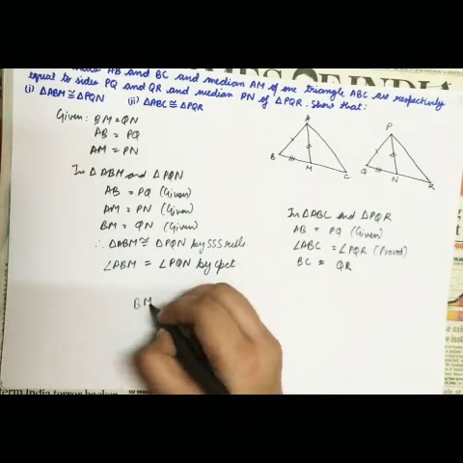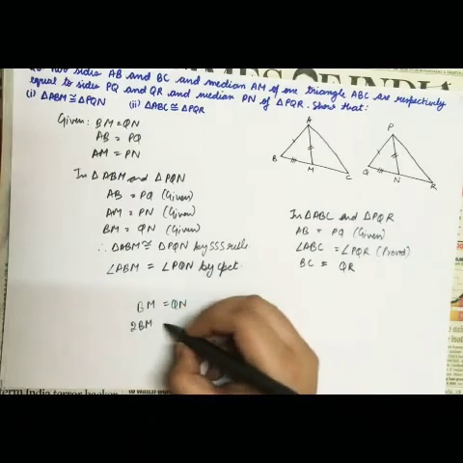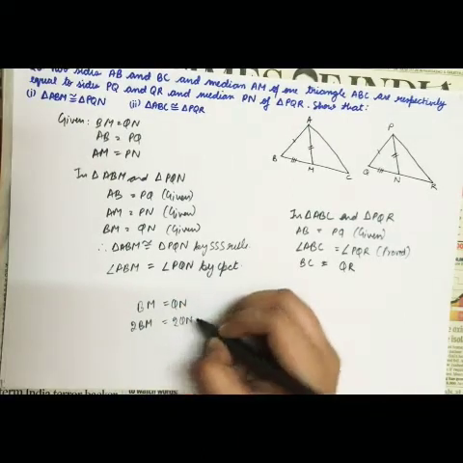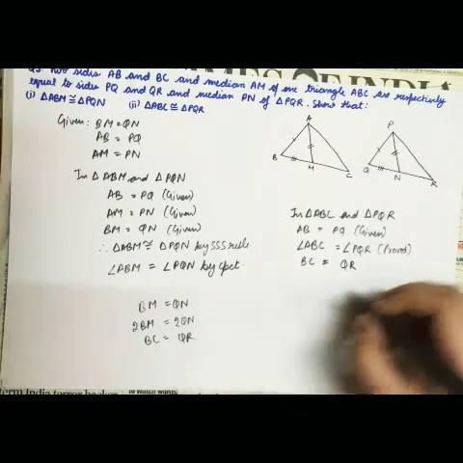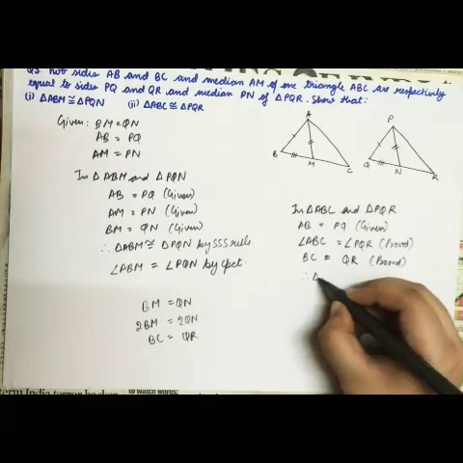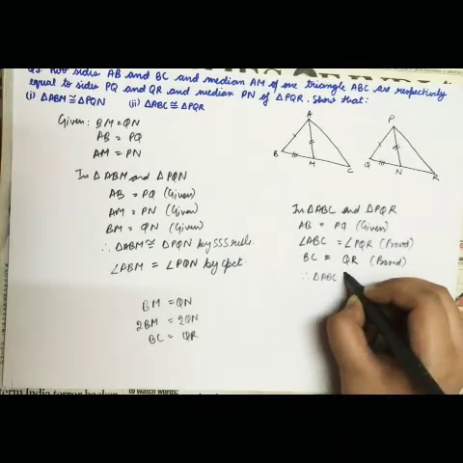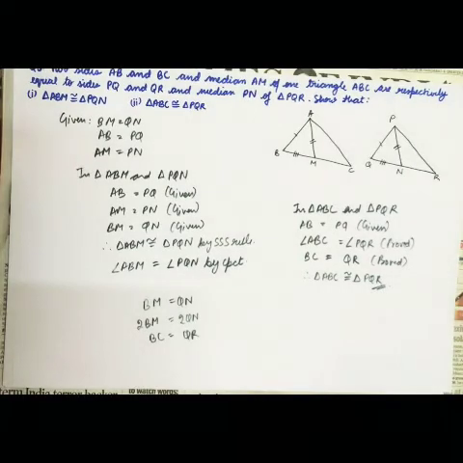Therefore BM is equal to QN, which means 2 times BM is also equal to 2 times QN, which means BC is equal to QR. Therefore we have proved this. Therefore triangle ABC is congruent to triangle PQR, hence proved.